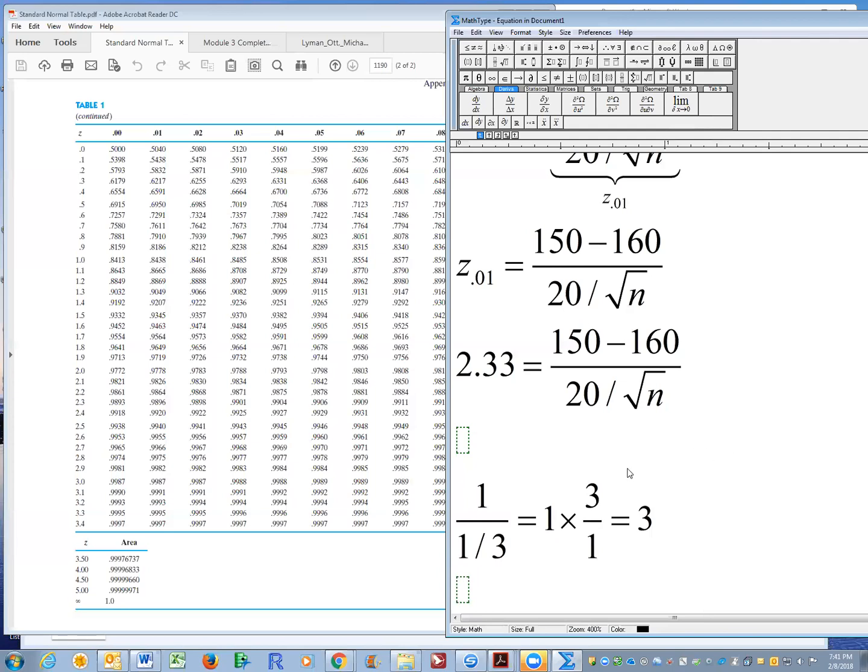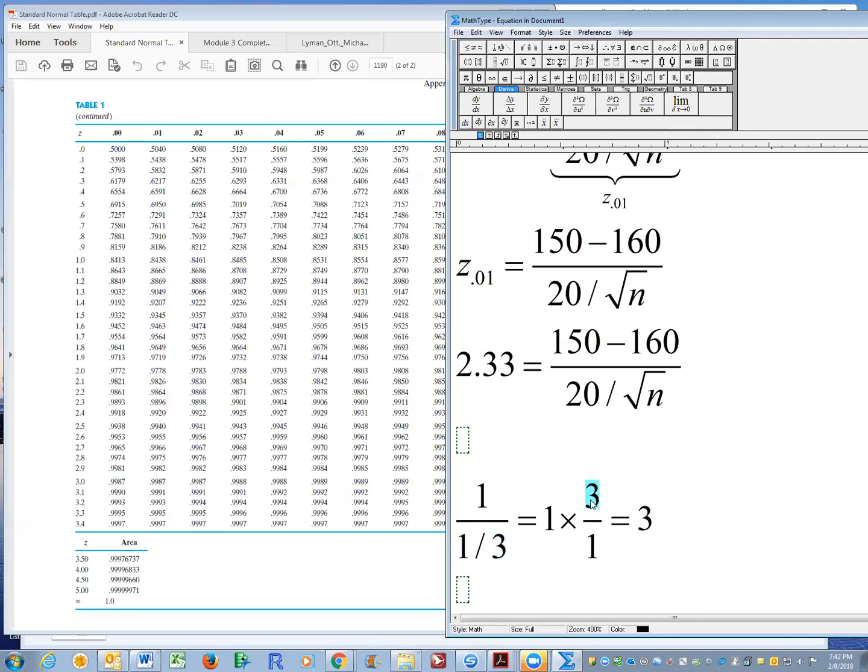Yes. Okay, so you want to think of 1 as 1 over 1, so you've got 1 times 3 over 1 times 1, and that's just going to be 3. So with that principle in mind, this number 3 was in the denominator of the denominator, which really just meant that it was in the numerator to begin with.